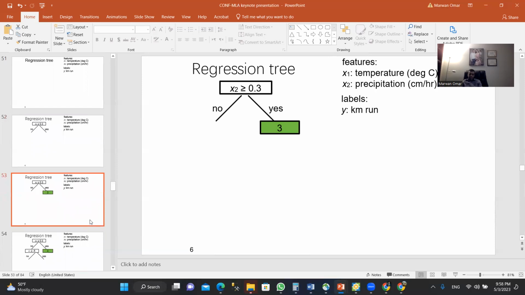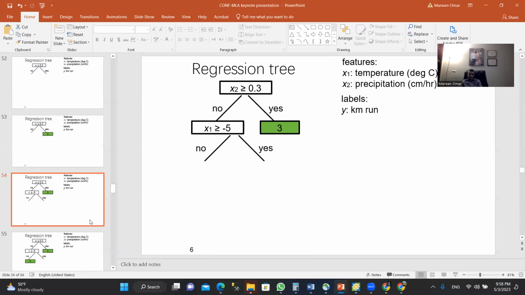If the answer is yes, then that person might decide to run for 3 kilometers. So that's 3. On the other side, if the answer is no, so if the precipitation is not greater than or equal to 0.3, then we will ask another question.